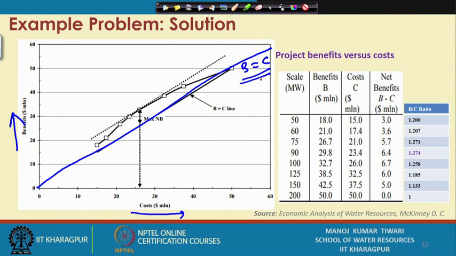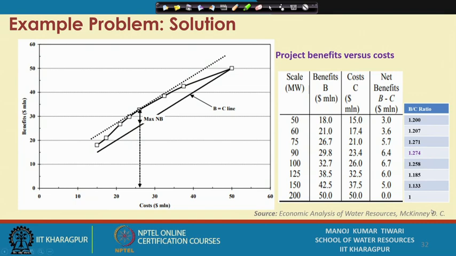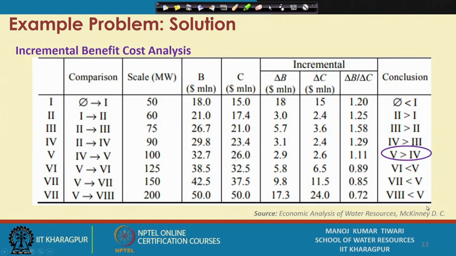If benefits are above this line, I am getting a benefit, and for any line parallel to this, the point giving the maximum benefit can be selected. So that kind of analysis could be helpful. Incremental benefit cost analysis can also be very helpful over here.